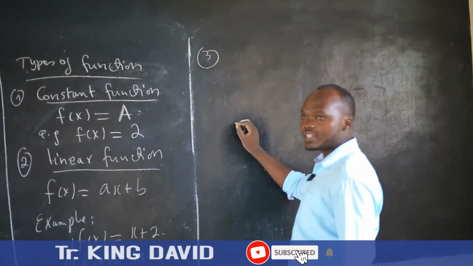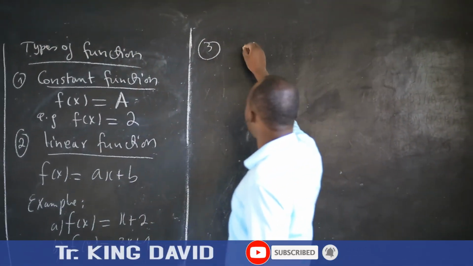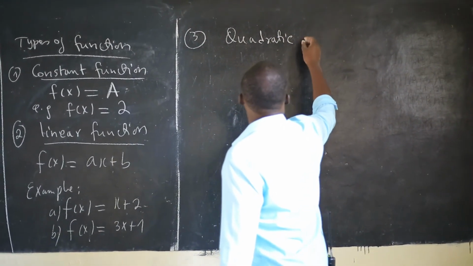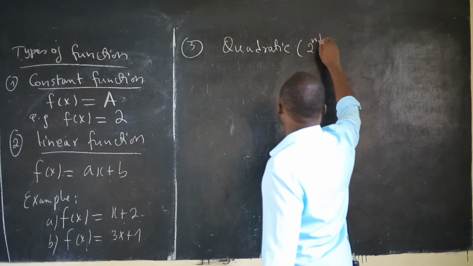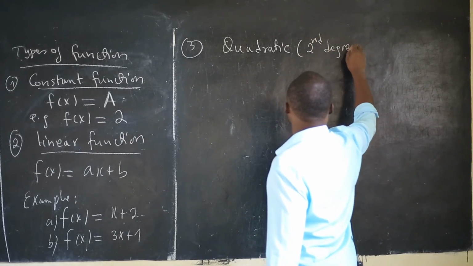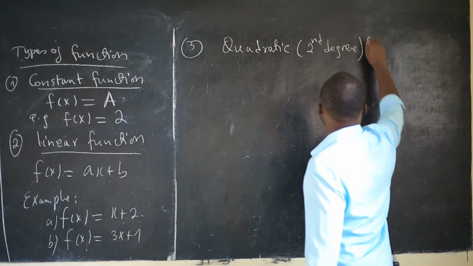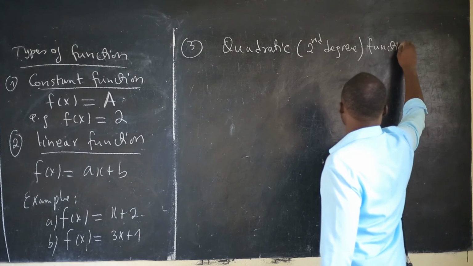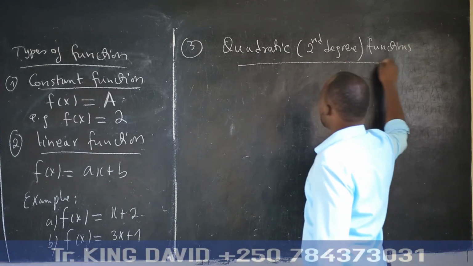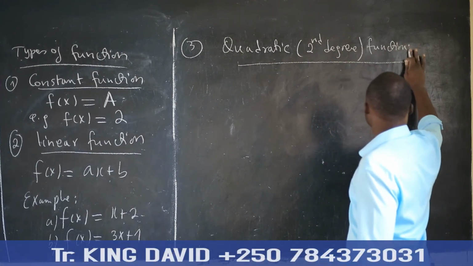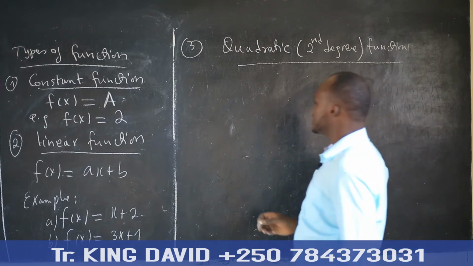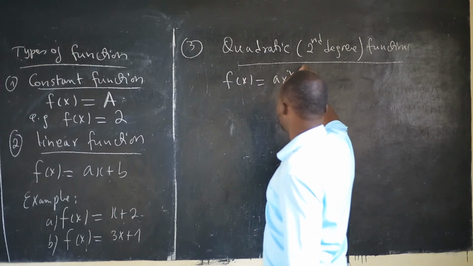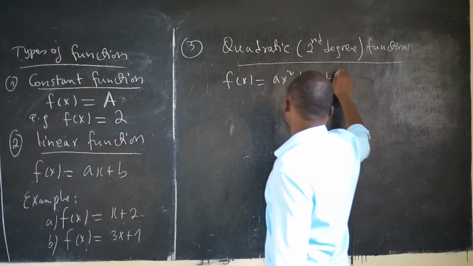If you go to number 3, we have quadratic functions or second degree functions. A quadratic function is when you have f of x equal to ax squared plus bx plus c.